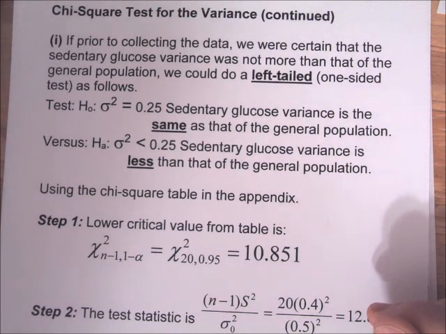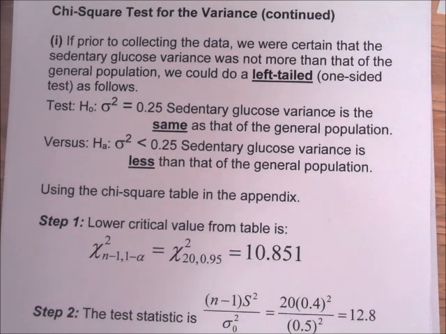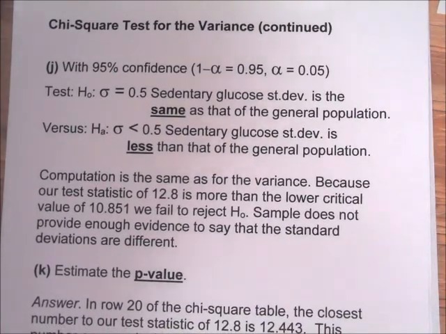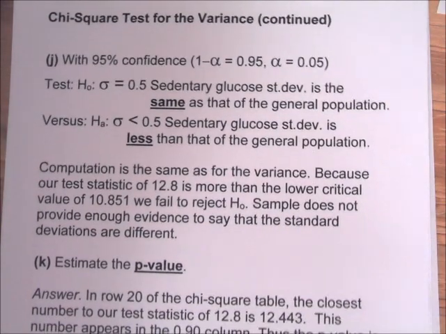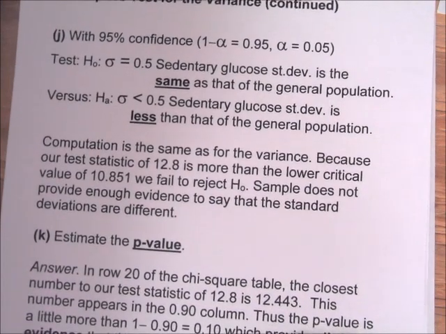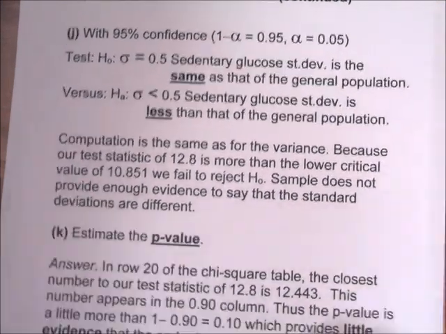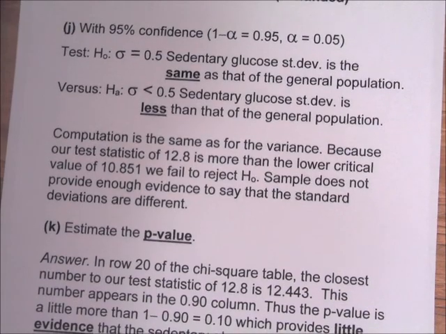The sample does not provide enough evidence to say the sedentary variance is lower than that of the general population. And again, we could do the same test for the standard deviations. There's no additional computation needed.